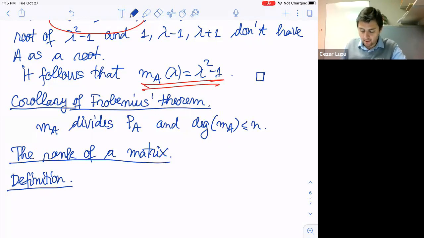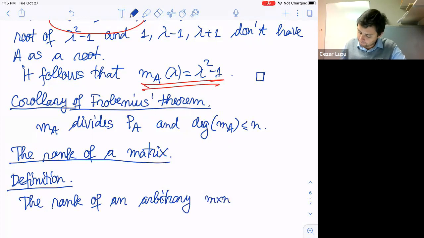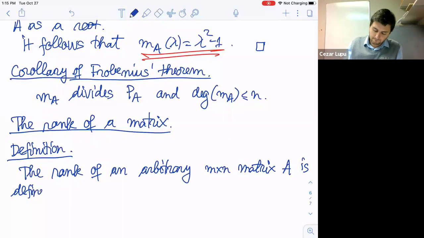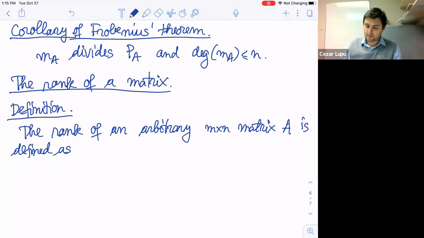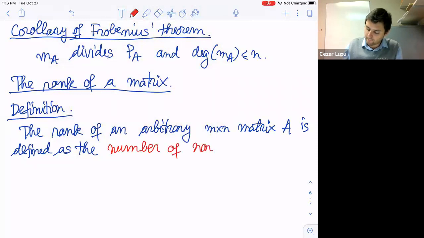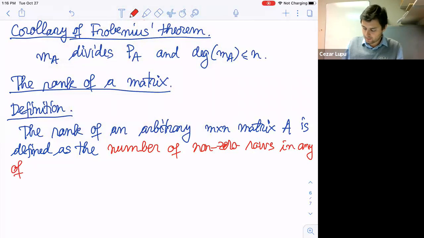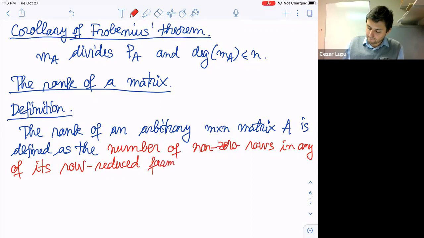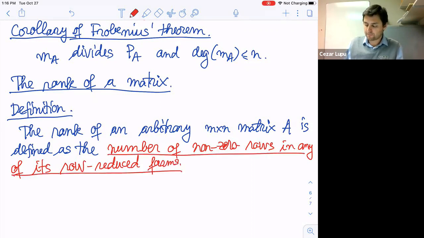So the rank of an arbitrary m by n matrix A is defined as the number of non-zero rows in any of its row reduced echelon forms. So that's what the rank of a matrix is.